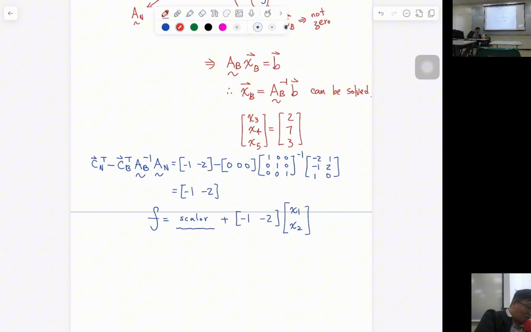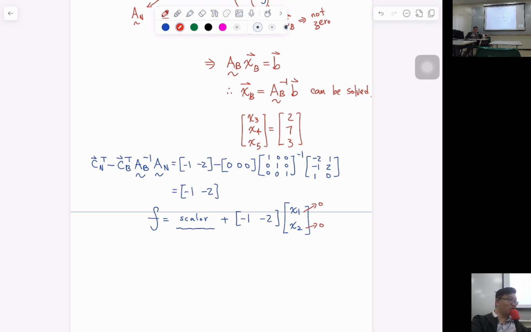And now this is 0, this is 0. So there's a trick. I'm going to pick up one, either x1 or x2, make it positive. So which one are you going to choose? The one with coefficient -1 or the one with the coefficient -2?